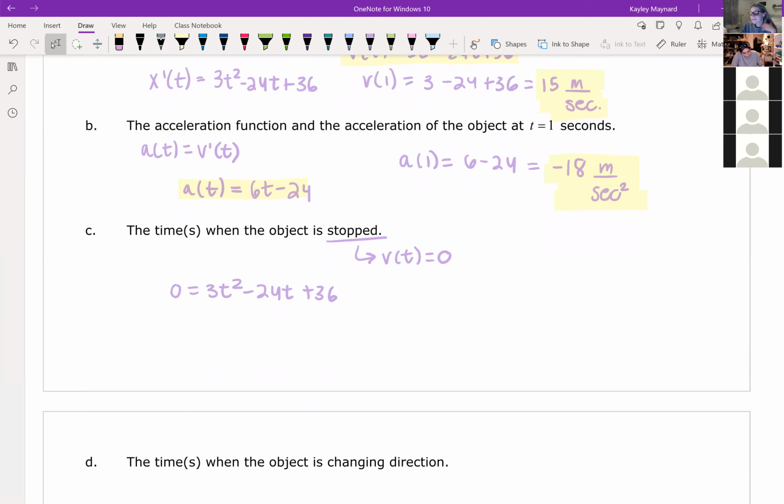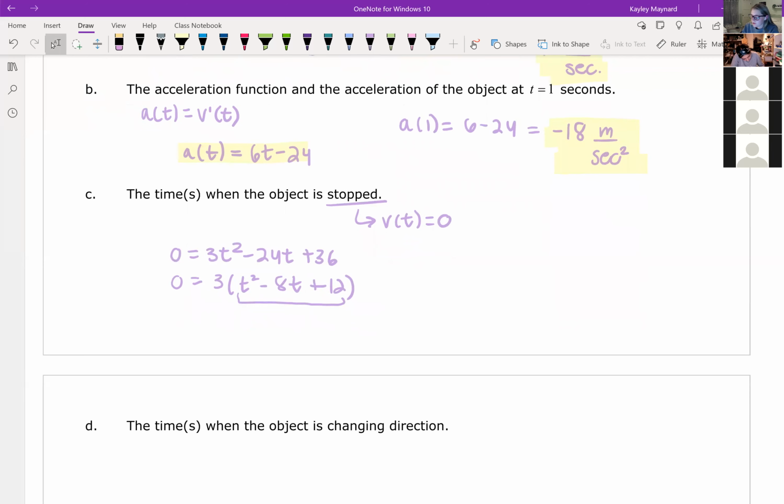Okay. So we do need to factor this, but to make this easier on ourselves, we can pull out a 3 first. So this is equal to 3 times t squared minus 8t plus 12. And then this will be a little nicer to factor than what we started out with. You could factor what we started out with, you'd be fine, but I'm just going to pull the 3 out to make smaller coefficients on my terms here.